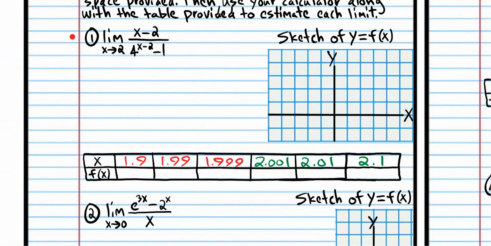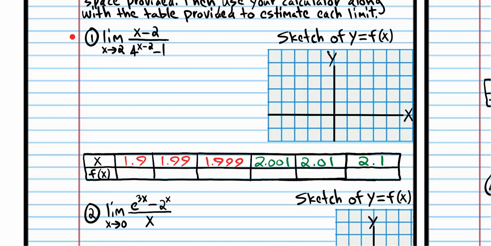But as you can imagine, finding the values of the expression at these x values is going to be kind of tedious. So what we're going to do is use our calculators. This is one of the points in the curriculum where a graphing calculator is going to be very useful.